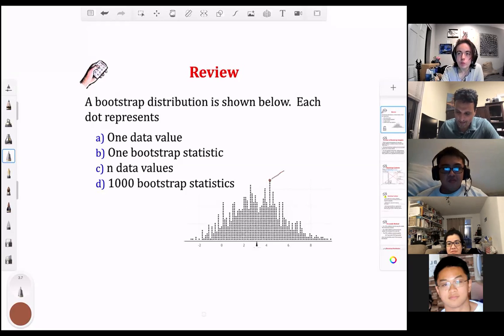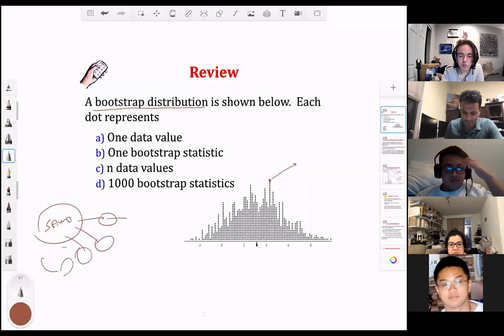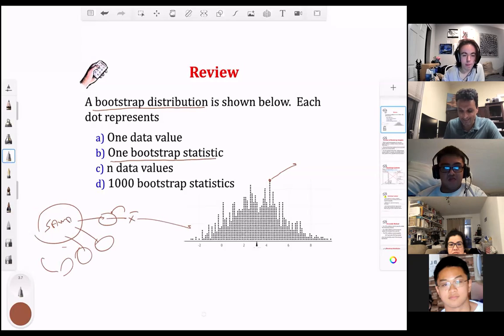But what kind of data is this? We are dealing with a bootstrap distribution. That means there was a sample here. We pick 1,000 samples, and for each sample we apply the statistic. For example, we find the x bar of this bootstrap sample, and we graph it. So each dot is one bootstrap statistic.